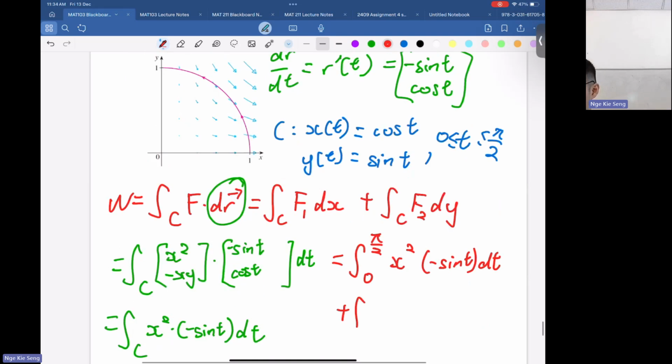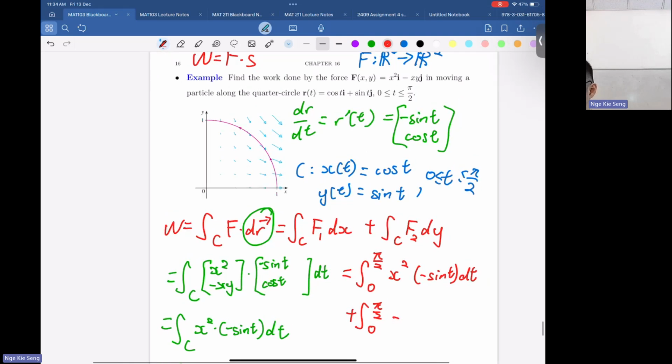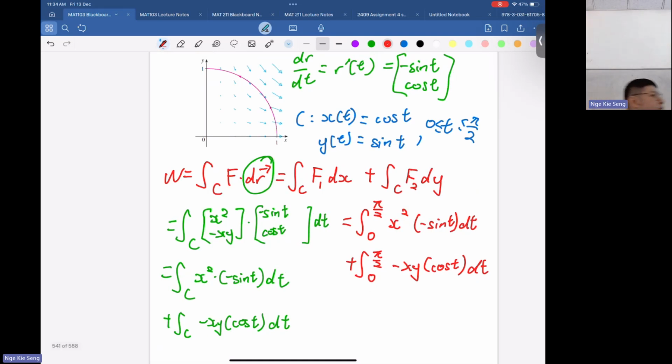And then plus, similarly, you do it in the y direction. What do you get? Minus xy times y prime t. So y prime t in this case is cos t. So you can see that both sides are computing similar things. But inside the integral in t, you have x and xy. You need to substitute your parameterization.